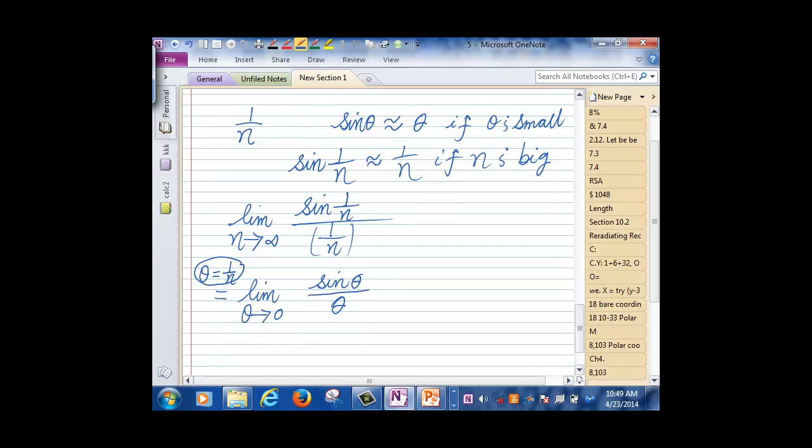To 0. So if you look at the limit as theta goes to 0 of sine of theta divided by theta, what is that? Just because the numerator has limit 0 and the denominator has limit 0, so 0 over 0, doesn't mean the limit doesn't exist. The limit is 1.